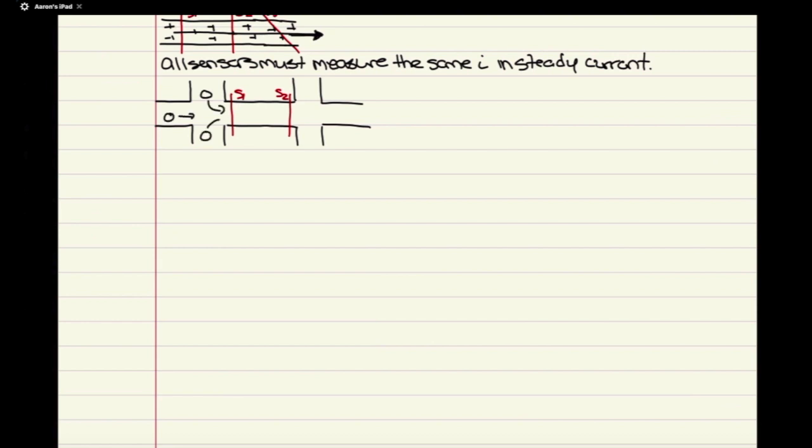And you have cars that might be able to move in or out of the tunnel. And you can imagine if it were a steady state, then the number of cars entering this tunnel must match the number of cars leaving the tunnel. If not, if more were entering at sensor 1 than were leaving at sensor 2, the number of cars in the tunnel would build and build and build.